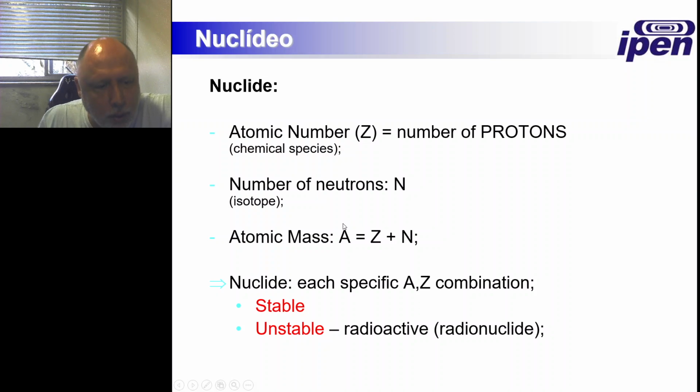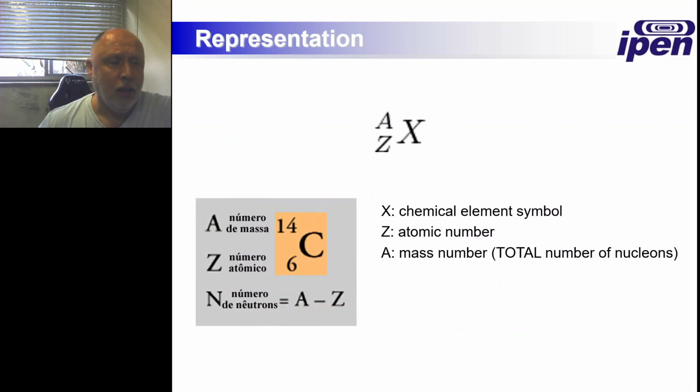These are different nuclides. And nuclides can be either stable or unstable, which means they are radioactive, and then we call them radionuclides. And what's the representation? The essential representation is this. We have a chemical symbol here. On the top left, we have the mass number, which is the total number of nucleons, right? And down on the left, we have the atomic number.